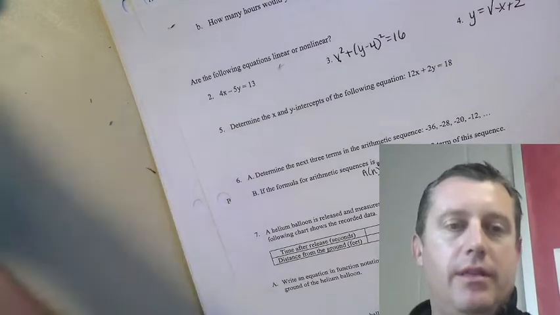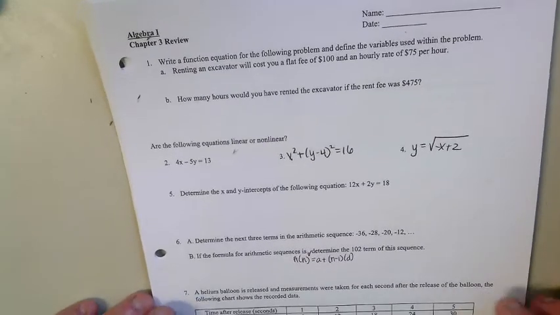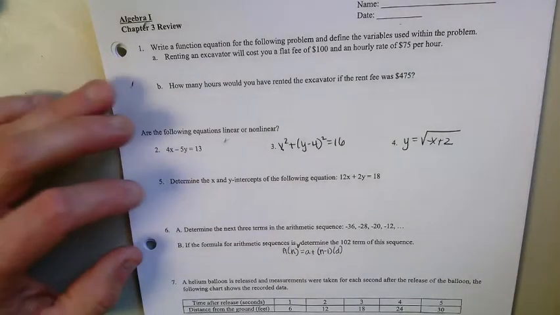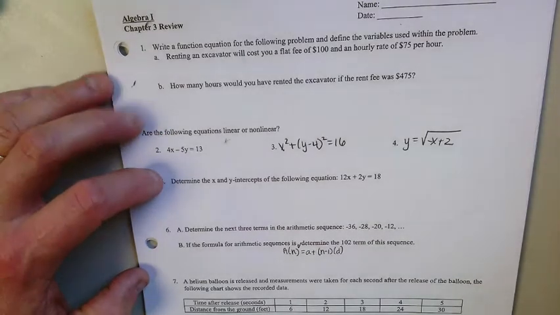So starting with the homework, the review here, it says this, make sure it's underneath. Write a function equation for the following problem and define the variables used within the problem. Renting an excavator will cost a flat fee of $100 an hour and an hourly rate of $75 per hour.